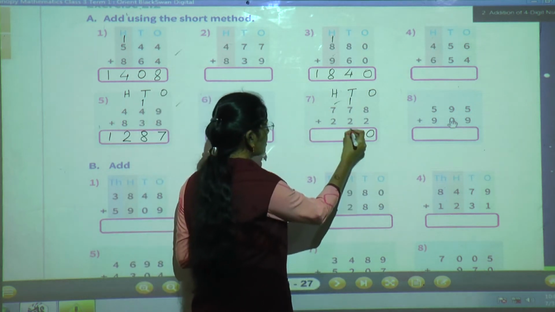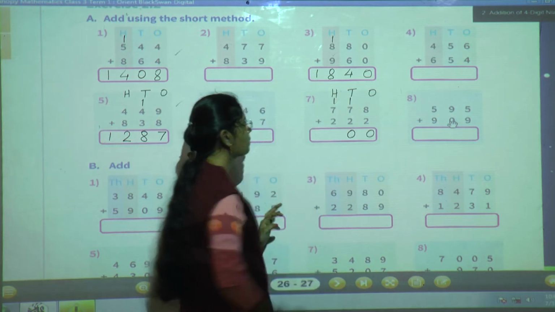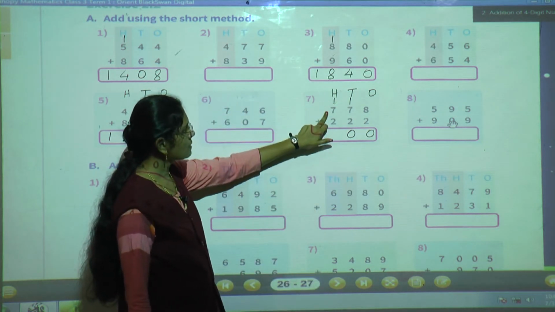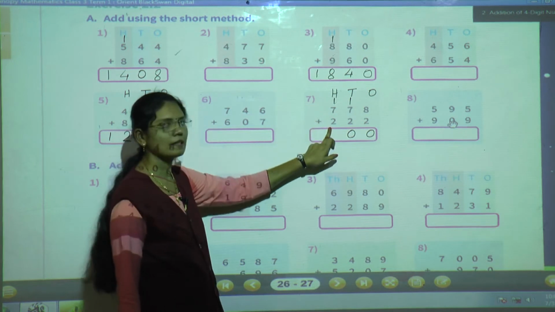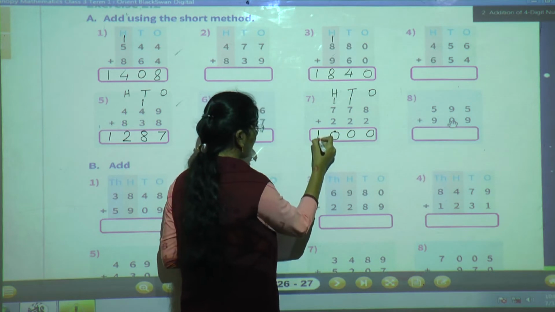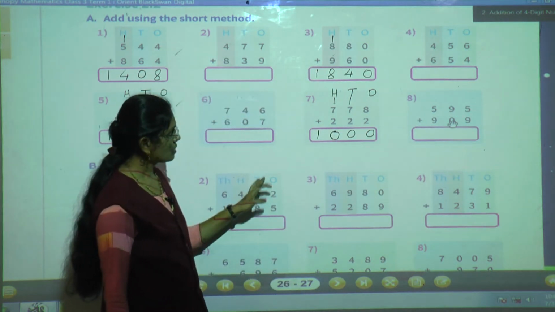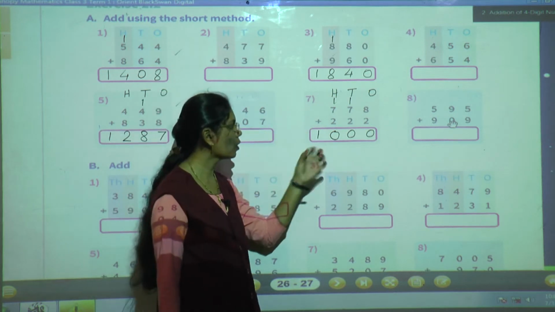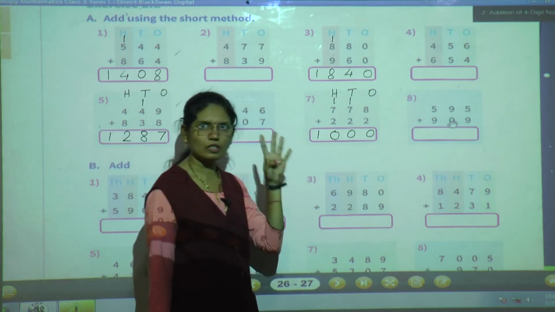So again here 0 will come and here 1 will come as a carry. Now do the addition of hundreds place digit. 1 plus 7, again 8 and 8 plus 2, 10. Same. So here 0 and here 1 will come. Now see here also these two numbers are 3-digit numbers, but we got the answer in a 4-digit number.